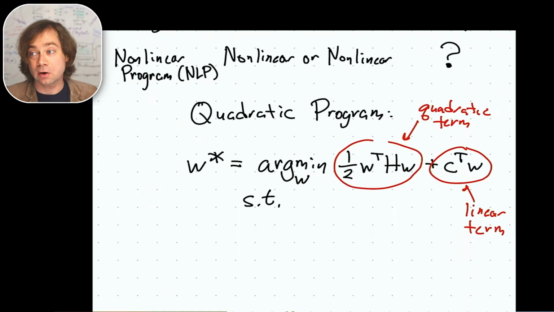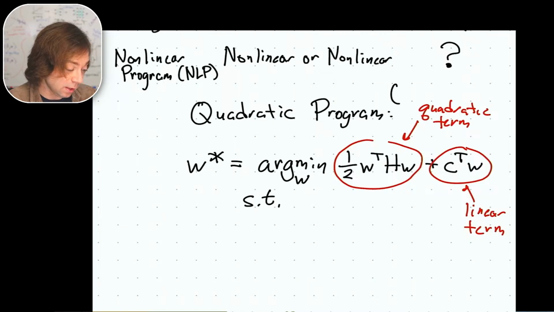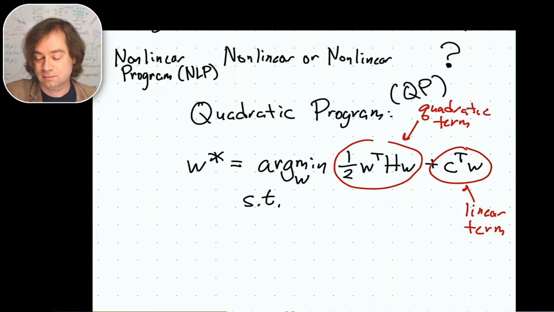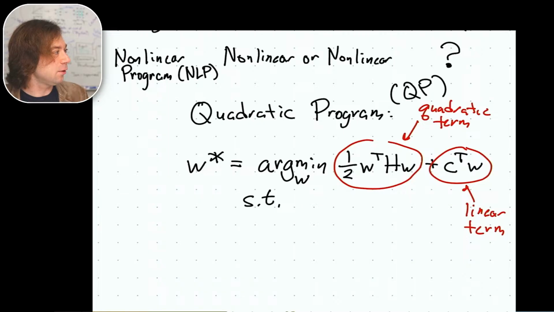And our constraints, are they quadratic or are they linear for a quadratic program, or QP? What are they? Linear, thank you.